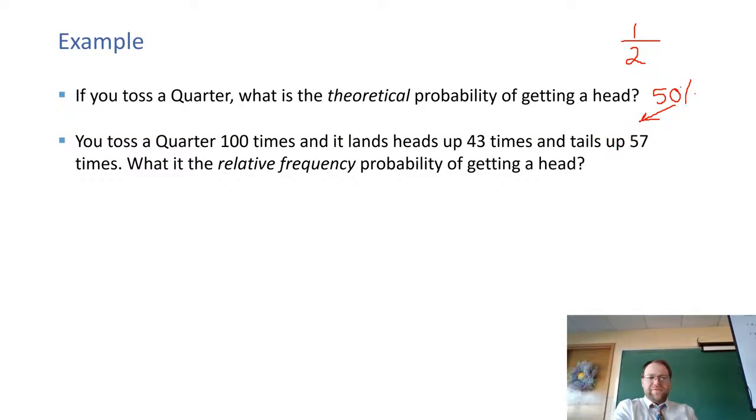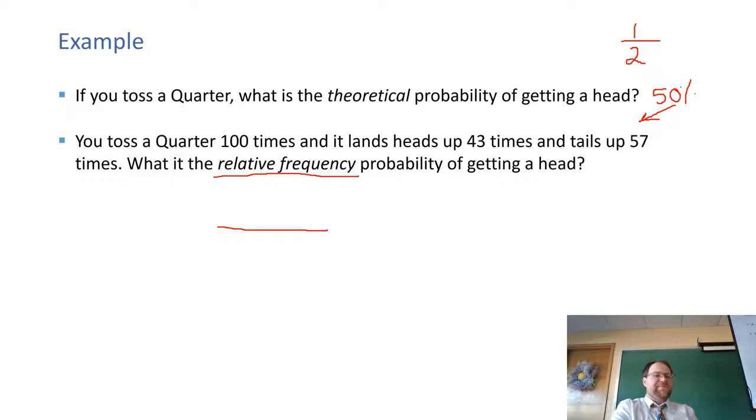However, if we toss a quarter 100 times and it lands heads up 43 times and tails 57, what is the relative frequency probability of getting a head? So relative frequency is how many times it occurs over a total number of events.